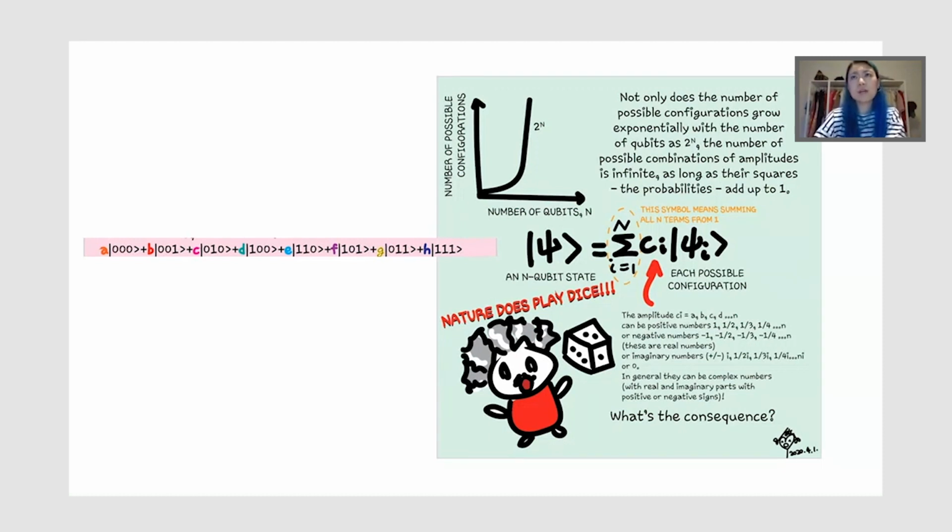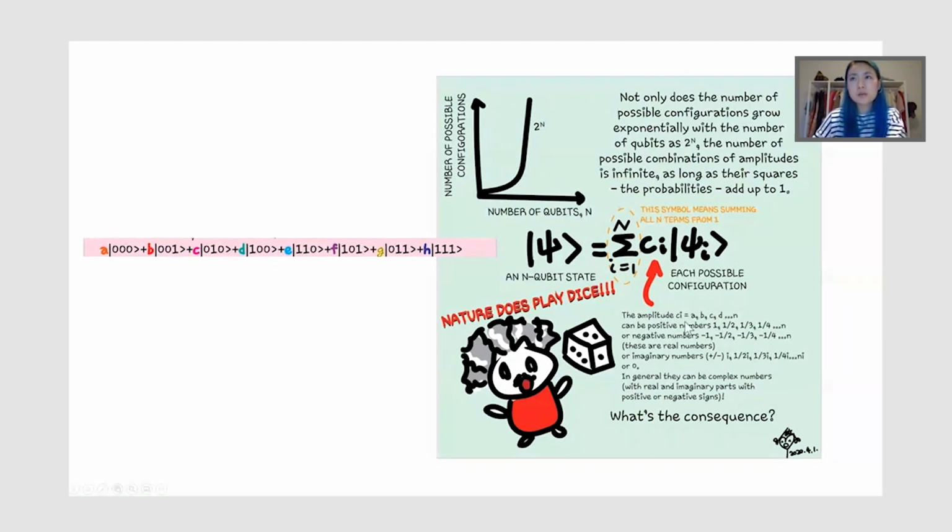We already mentioned that they can be any number as long as you guarantee that the probability sum equals 1. So your state, you can describe all these possible states as a superposition, or linear combination, into a sum of each possible state.